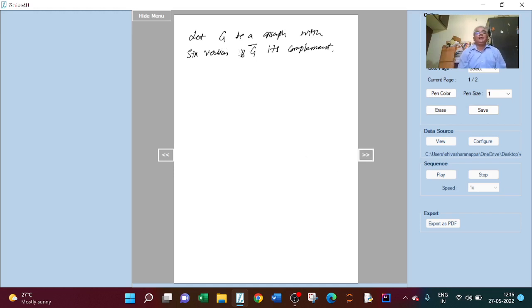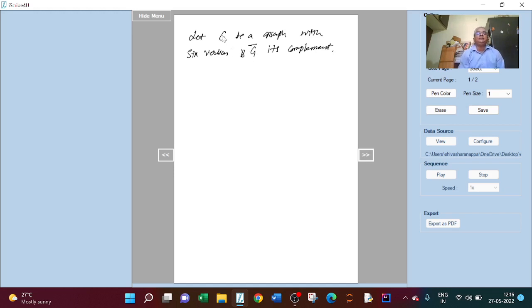So both G and G bar have the same number of vertices. Okay, and if 2 vertices are adjacent in G, then they are not adjacent in G bar. Or suppose 2 vertices in G are not adjacent, then they are adjacent in G bar. That is, 2 vertices of G are adjacent if and only if they are not adjacent in G bar.